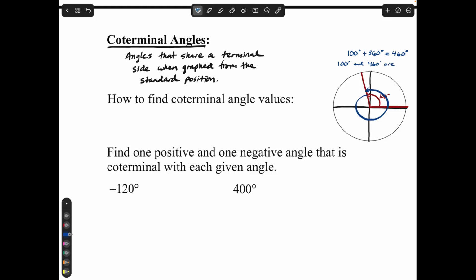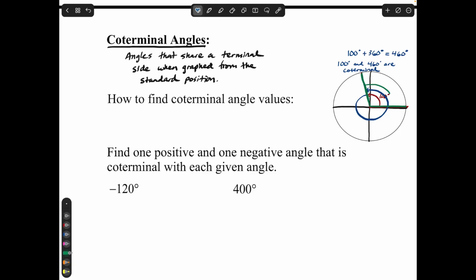But we could also go the other direction. If I'm at my terminal side here, let's say that this was still 100 degrees, but instead of going counterclockwise, let's say I went the other way and kept going around until I got all the way back to here.